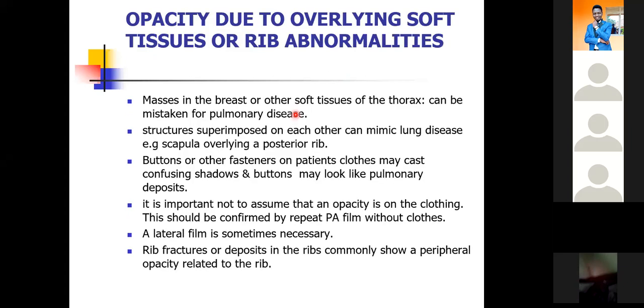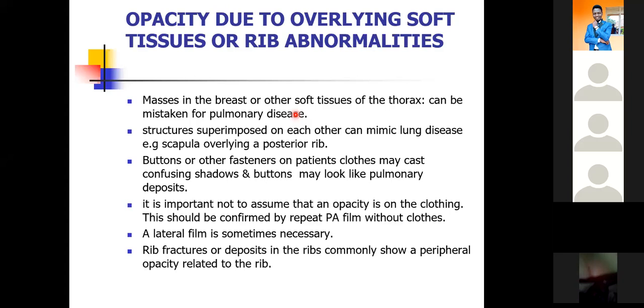When we pick out just the thoracic cage and the soft tissues, a number of things can go wrong in that area. For example, somebody may just present with lumps in the breast or other soft tissue masses on the chest wall.